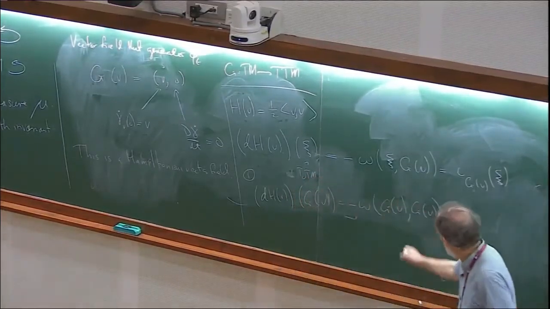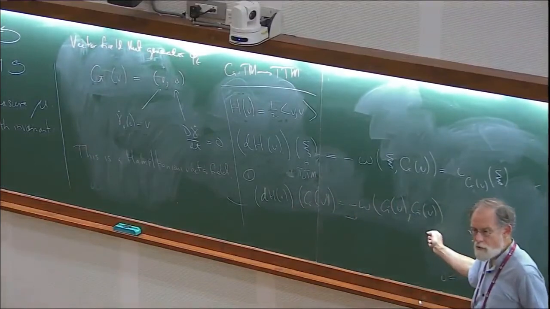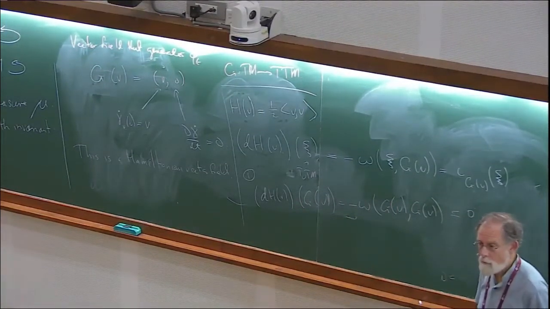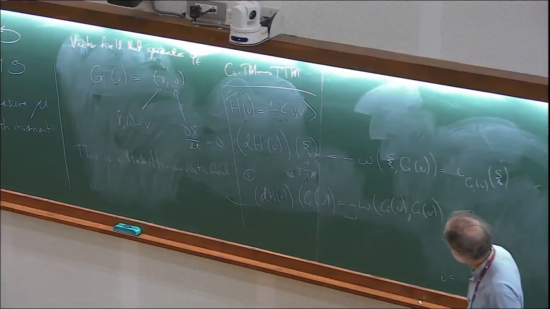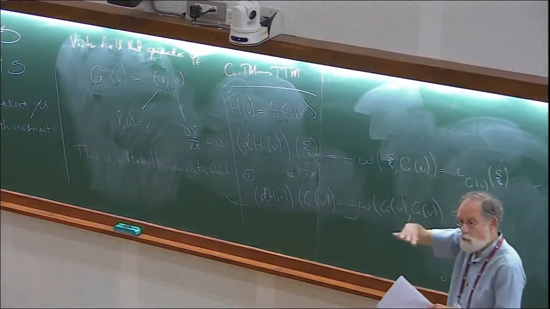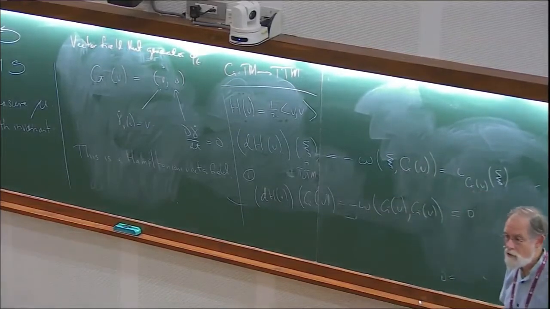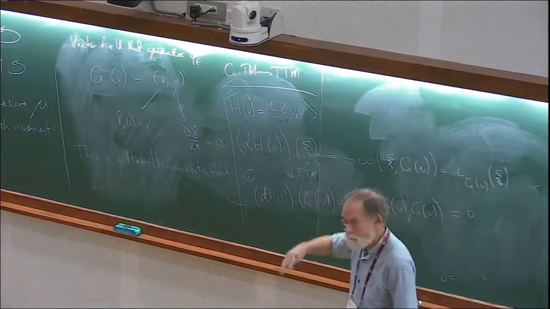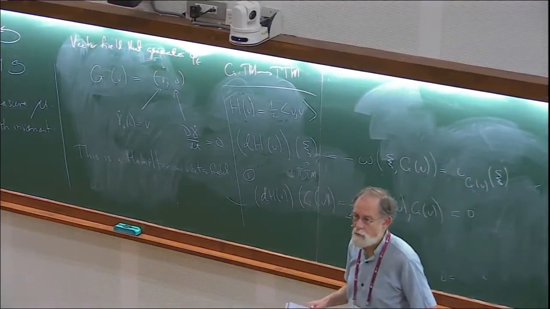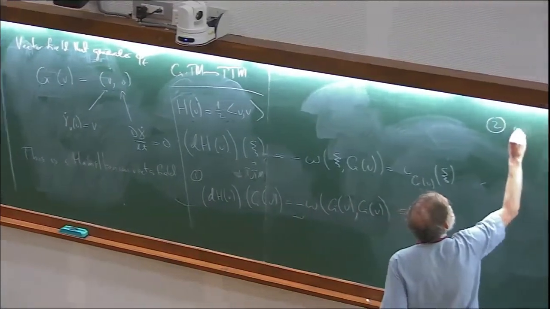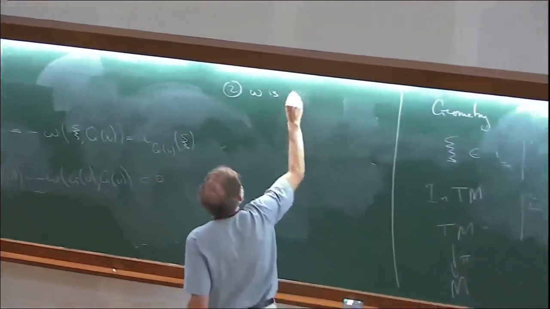I have the same thing in both slots of my 2-form. I get 0. So this says that our G of V is tangent to the level surfaces of H. This says that H is going to stay constant under the flow. That corresponds to the going at constant speed for the geodesic flow. And the second calculation is that omega is invariant.